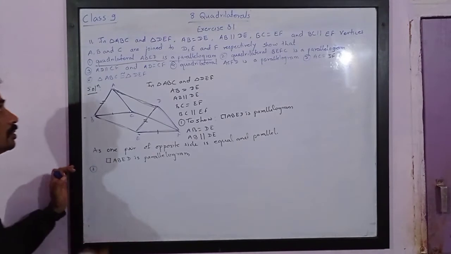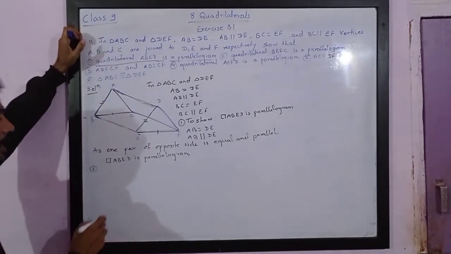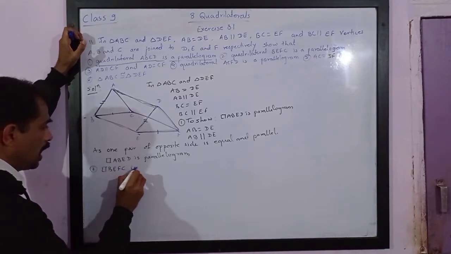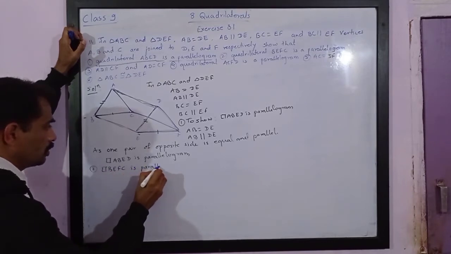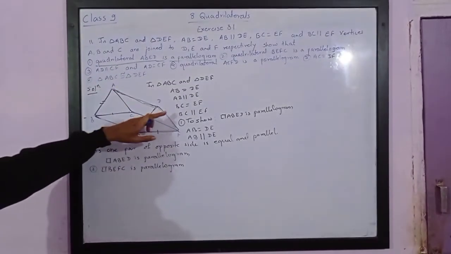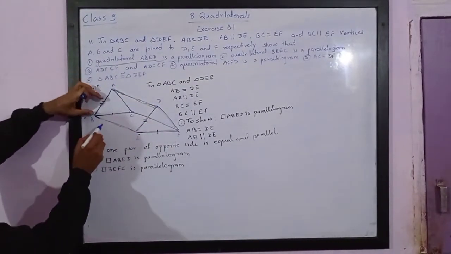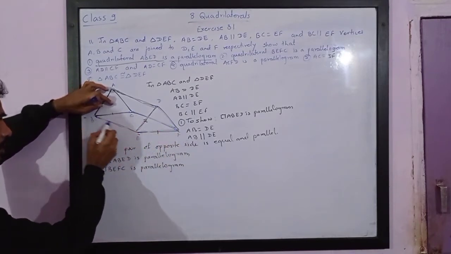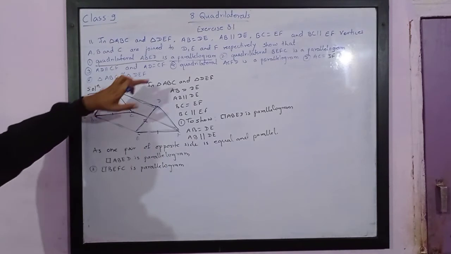Second part is quadrilateral BEFC. BEFC is a parallelogram. Here please note, BEFC is this downside quadrilateral, and we have to prove it as a parallelogram.